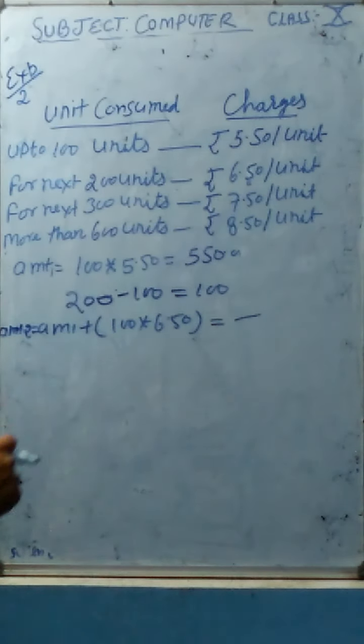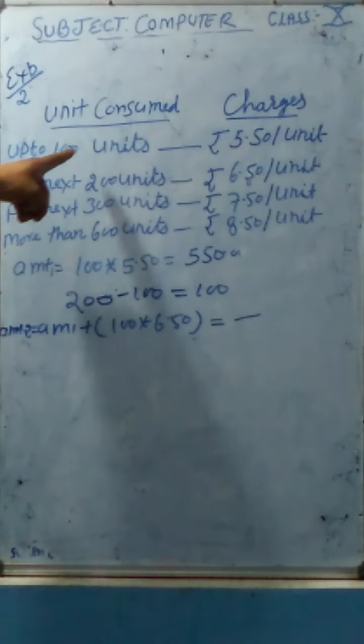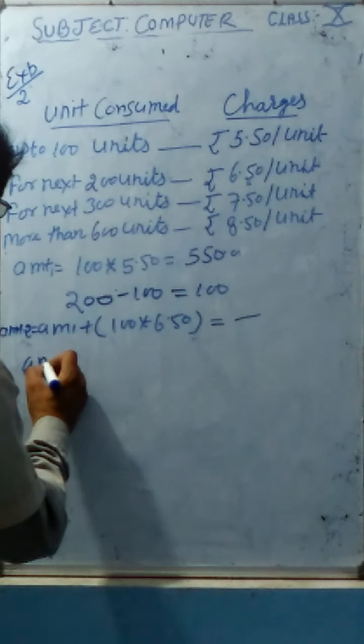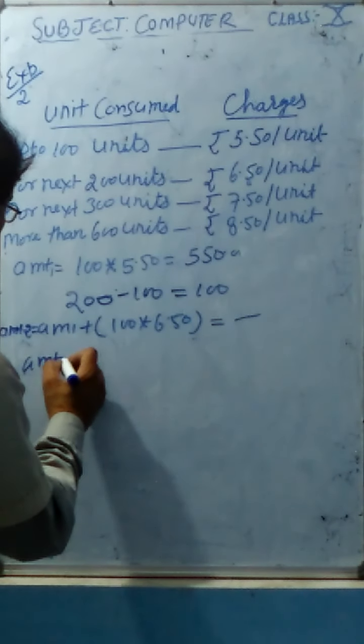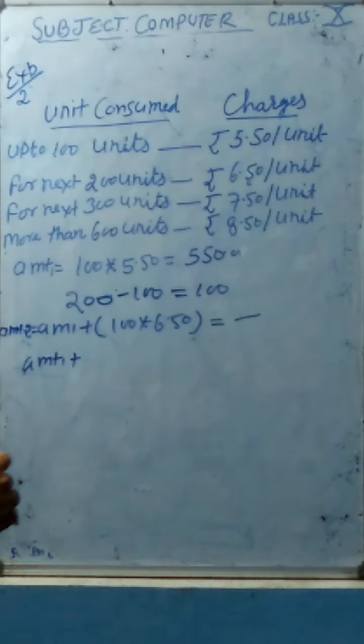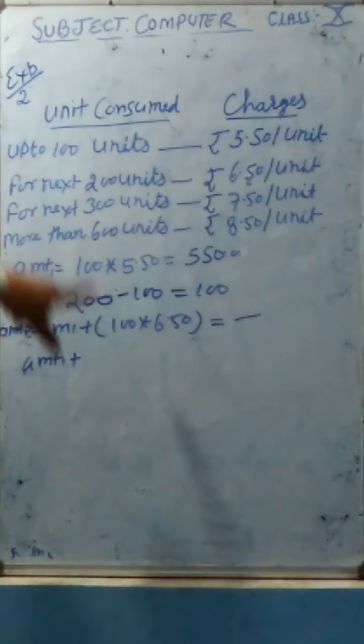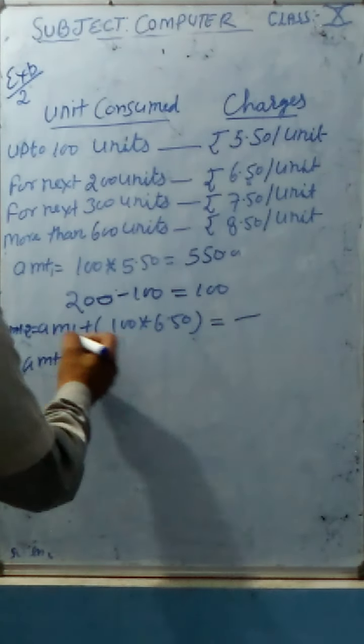So the first 100 cost is amount 1, plus now the 200 cost is how much?